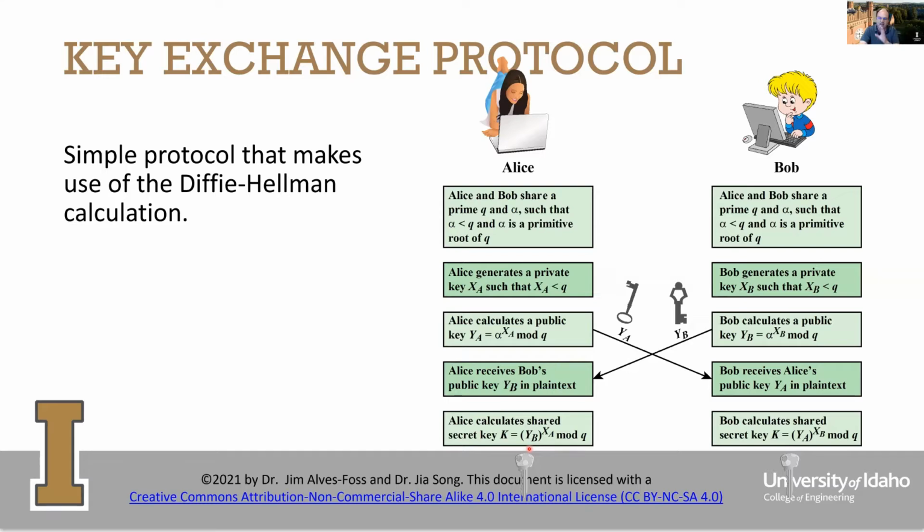And I apologize for this, I got these slides from different people. Everybody switches X's and A's and Y's. It's the place that matters. She takes Bob's public value, raises it to her private value, mod Q, and they get the key. So just knowing you have this primitive number, this generator, you raise it to the private value mod Q.